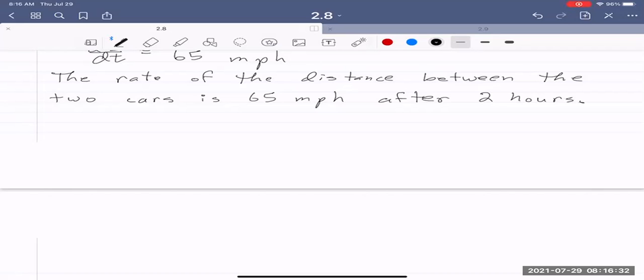So after 2 hours, they are speeding away from each other at 65 miles per hour. Any questions about that?